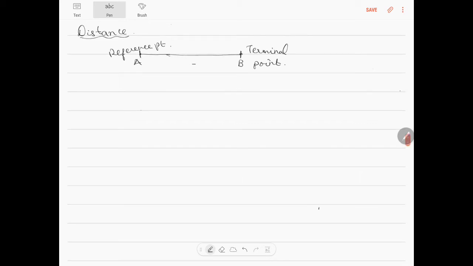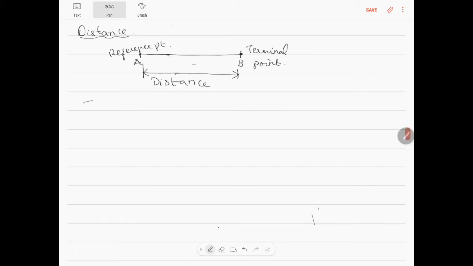We take the origin as A and the destination as B. Point A is the reference point and B is the destination or terminal point, where the object finishes its journey. So the object is said to be in motion when it goes from A to B. We can refer to this as the distance.